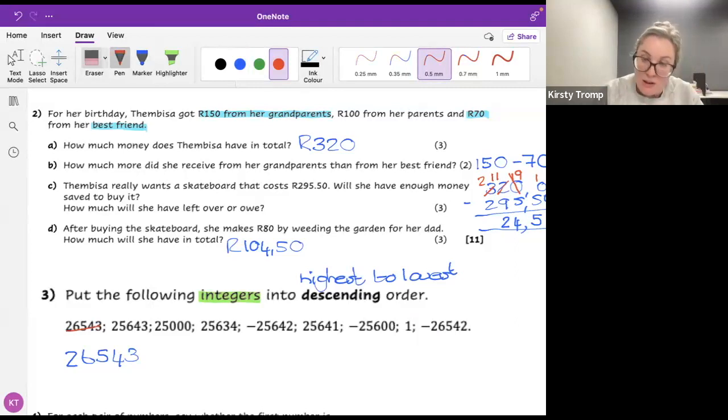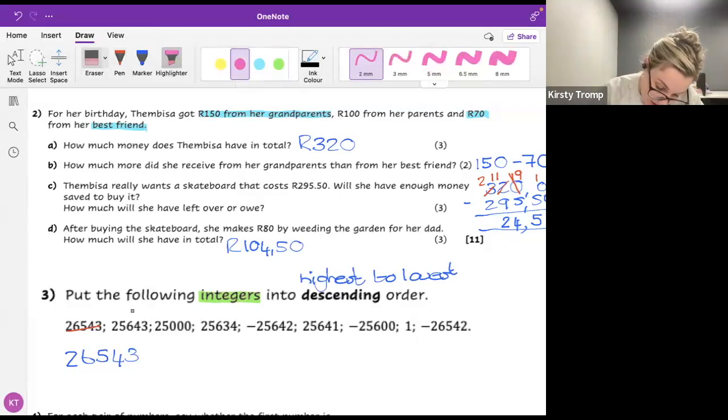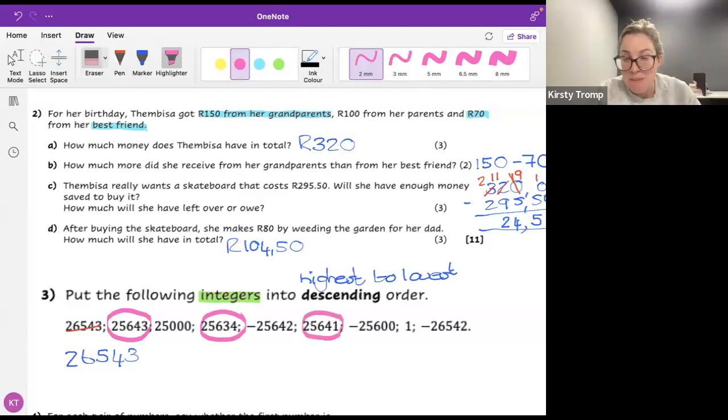I'm guessing it's going to be between these numbers that aren't negative numbers and aren't 1, but that all have 25,000 in them.